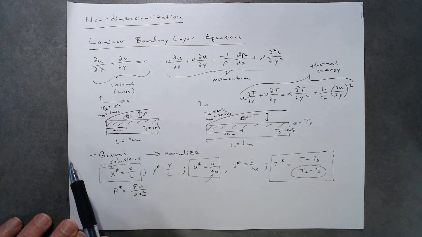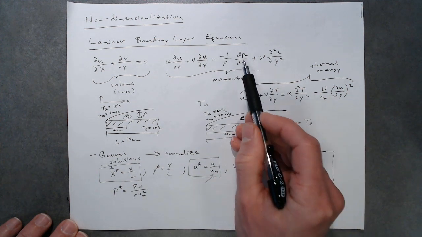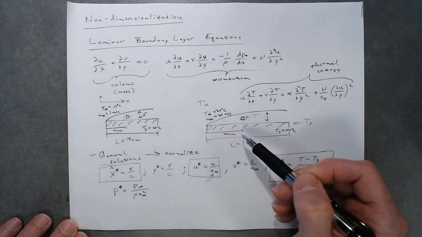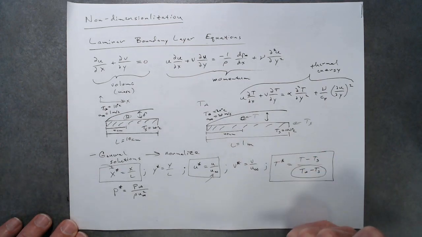So u, or u infinity, the free stream velocity, squared times rho tells us the kinetic energy density of the flow, and that has units of pressure, and it is a way that we can normalize the pressure, and specifically what we're interested in is the free stream pressure well away from the surface. But we remember our assumption that the pressure near the surface was the same as the pressure away from the surface at a given x condition.